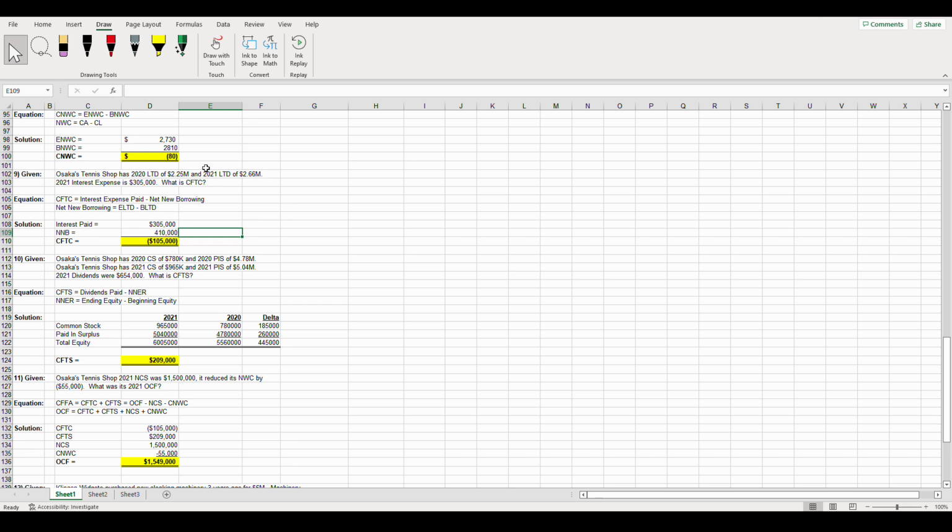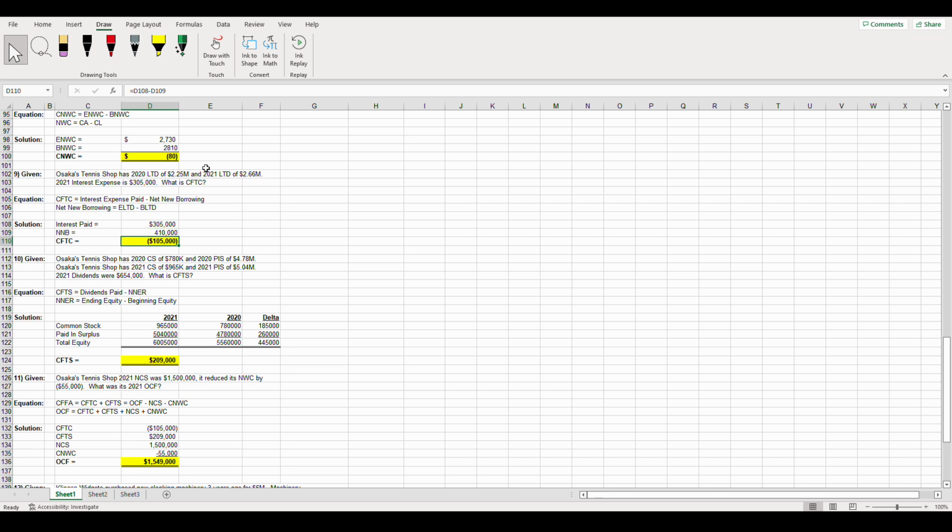So I just take my interest expense paid that was given. I take my net new borrowing, which would be $2.66 million in 2021 minus $2.25 million in 2020, and I get a net new borrowing amount of $410,000. So year over year, we borrowed an additional $410,000.